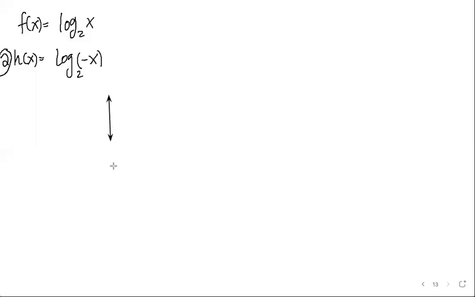So my original function is f of x equal log x to the base 2. I need to graph h of x equal log of minus x to the base 2. How can I graph it?